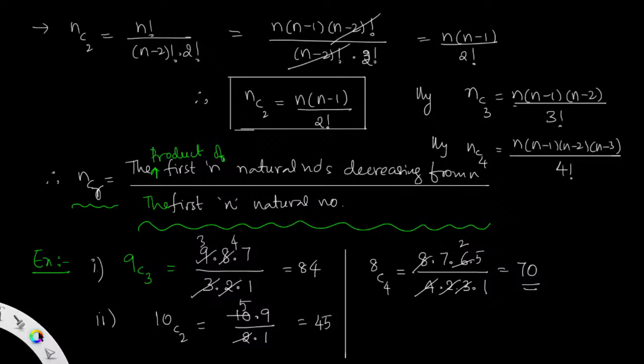Finding nC3 is nothing but 9 into 8 into 7 divided by 3 into 2 into 1, whereas 9P3 means we should take only 9 into 8 into 7. But here you have to write 3 into 2 into 1, the product of first r natural numbers. This is the formula. Okay.